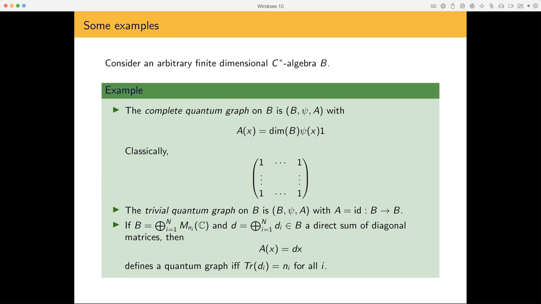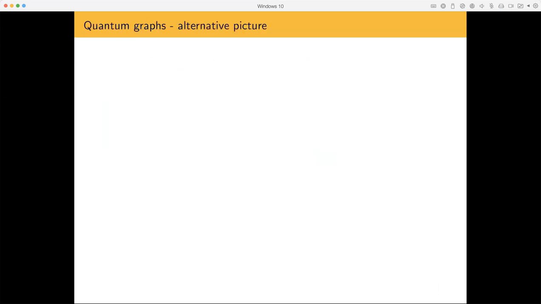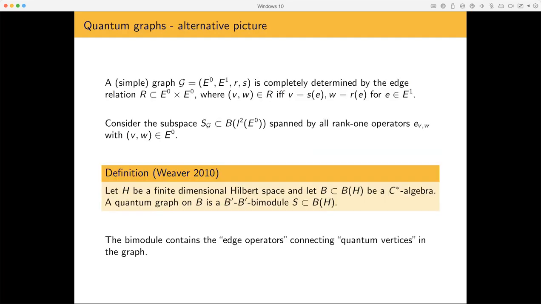The nice thing is that there is an alternative picture of how to study quantum graphs, where you can see the structure, I'm tempted to say, more easily. It depends on exactly what questions you're looking at, but it's a useful alternative picture, which at least allows you to see that there are a lot of possibilities for constructing quantum graphs. And that's what I want to discuss next.